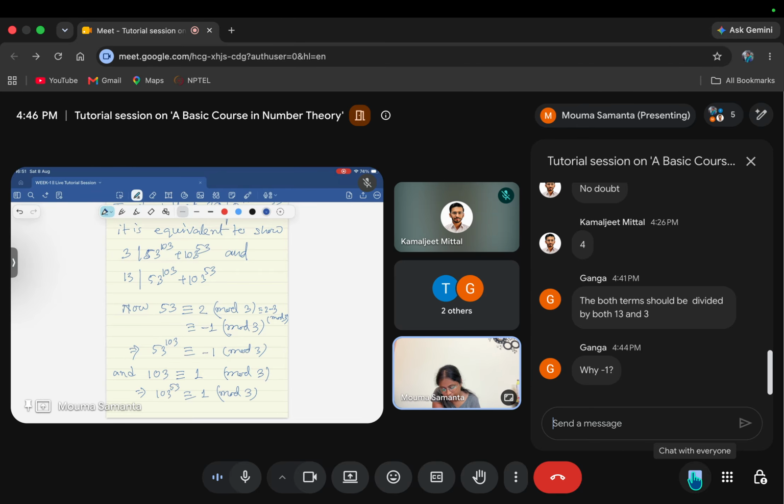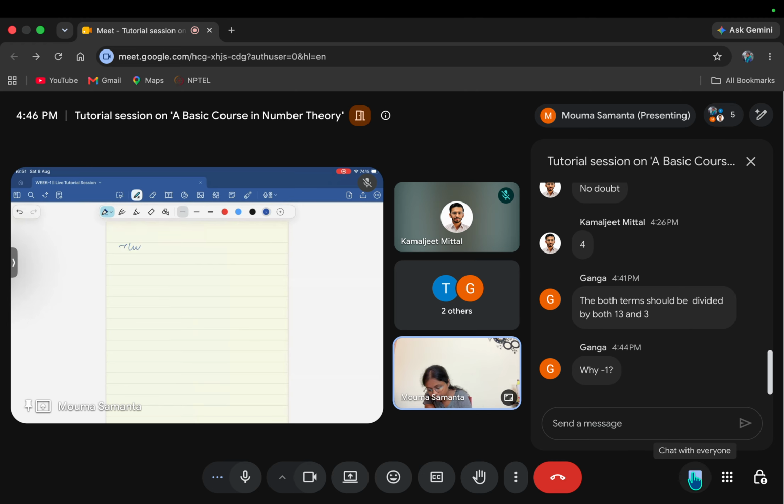Now add them and take modulus. What will it give? Thus 53 power 103 plus 103 power 53 is congruent to minus 1 plus 1 mod 3, which is 0 mod 3. That is, 3 divides 53 power 103 plus 103 power 53.